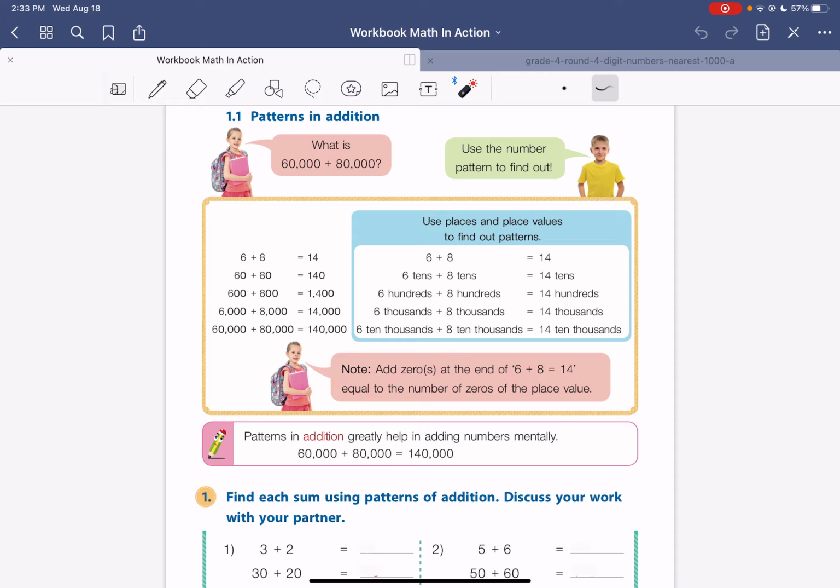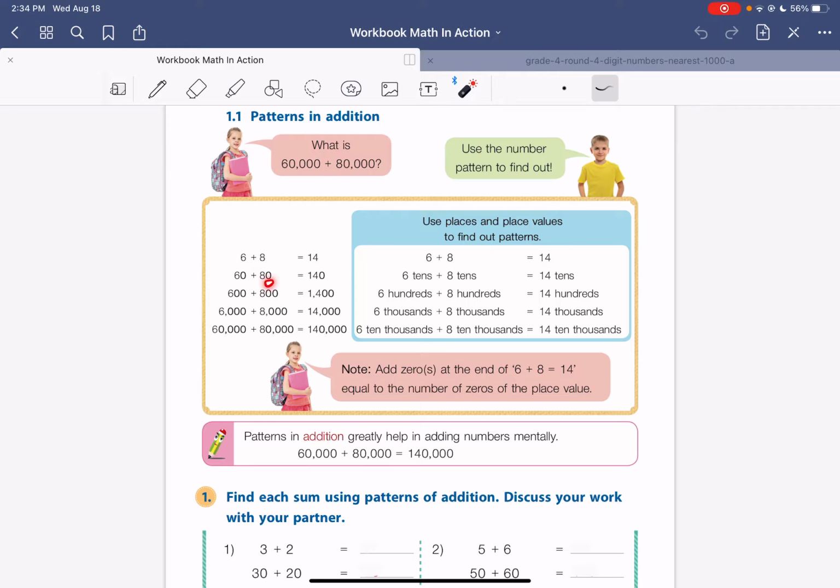Here we see 6 plus 8 equals 14. 60 plus 80 equals 140. 600 plus 800 equals 1,400. 6,000 plus 8,000 gives 14,000. 60,000 plus 80,000 equals 140,000. How many zeros do we have here?